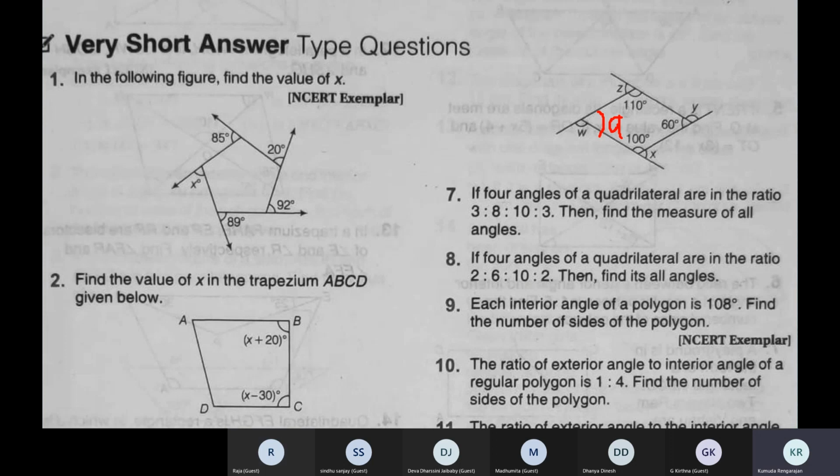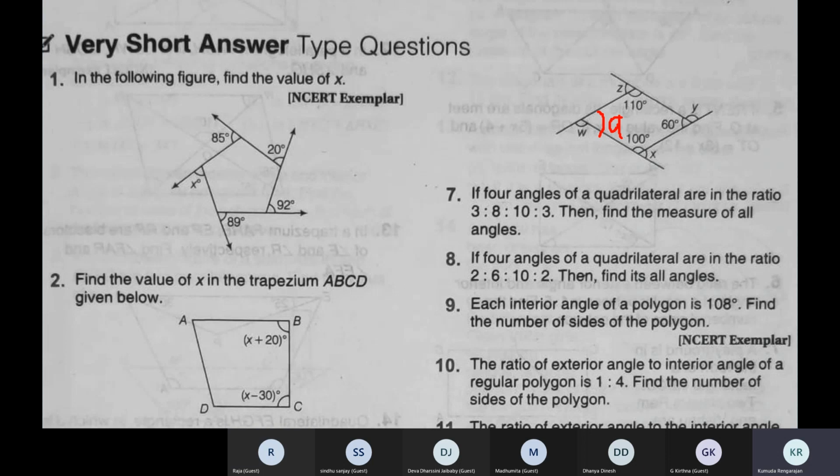Where did Keertana stop? Ma'am, she stopped when she said 360 degrees minus 270. Yeah, so what did she find? Keertana found which angle? Ma'am, 90 degrees. Which letter? X or Y or Z or A or W? A, ma'am. She found A.